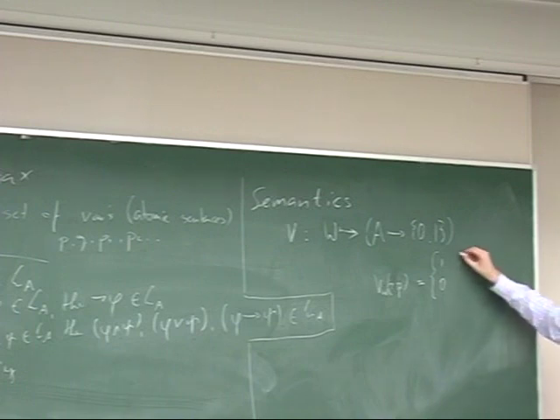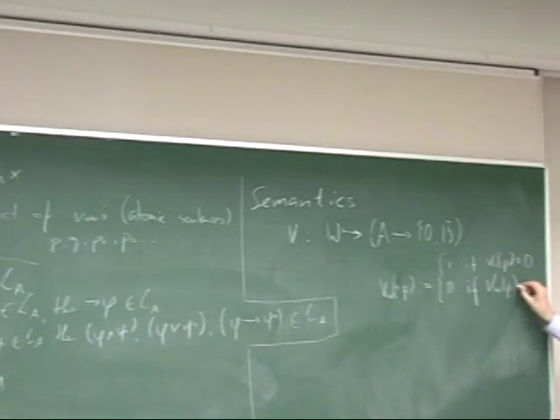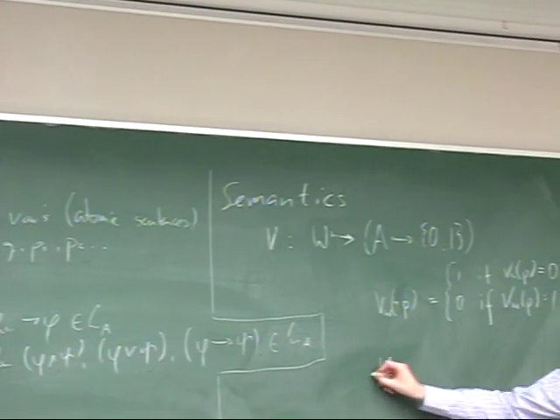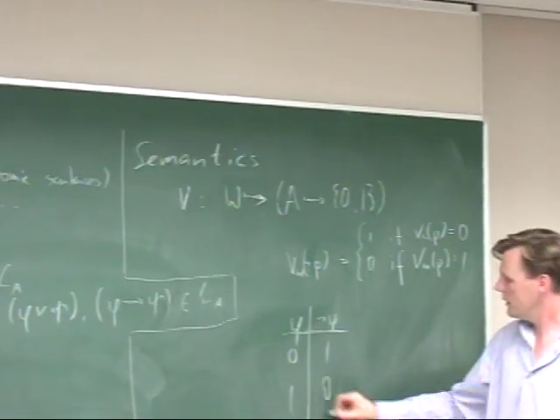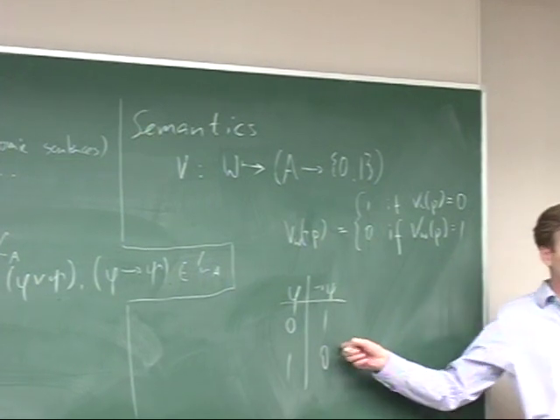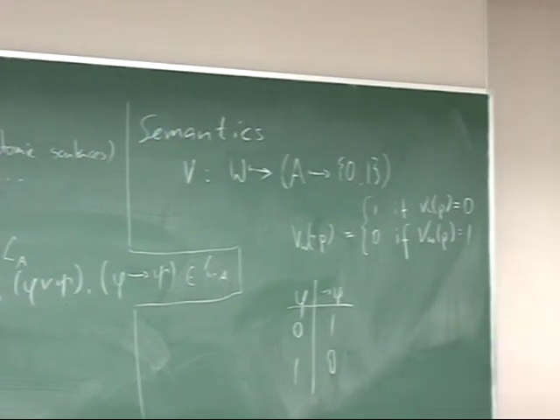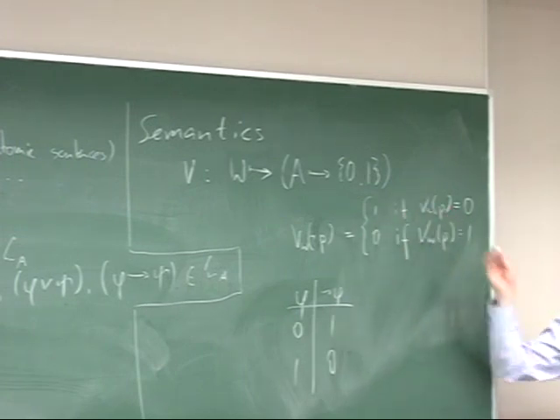It is 1 if V of P at W is 0. It's 0 if VW of P is 1. This is the same thing as saying that when you have a sentence phi and 0 and 1, then the negation of phi is this. That's what we had in figure 3 before, this sort of format with more connectives, right? It's the same as just writing it this way.